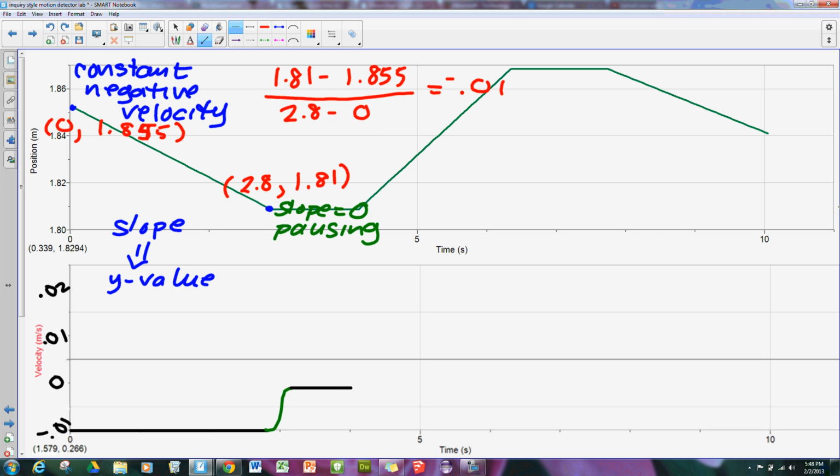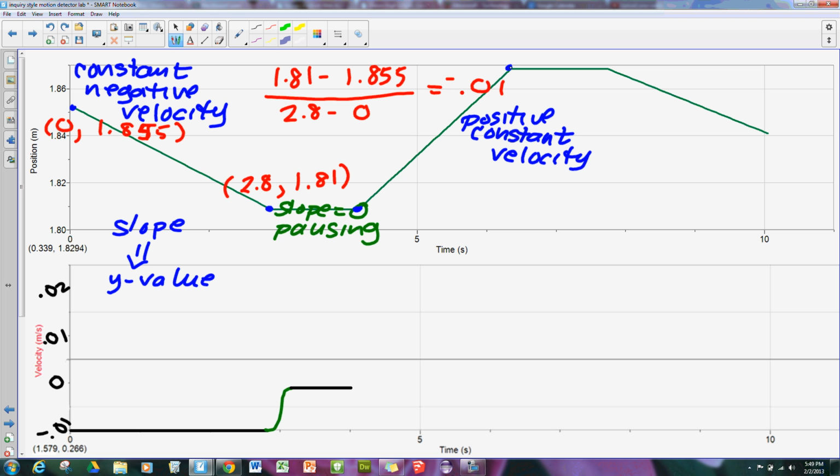Next, we have a positively sloped diagonal line, which means a positive constant velocity. And if I do my point slope formula again, there's 0.2, 0.1.